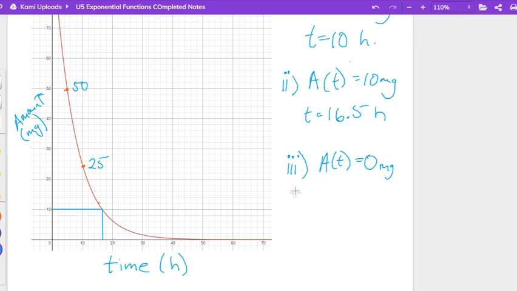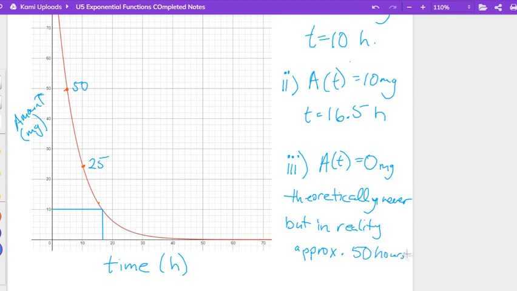So theoretically, never. But in reality, let's just say approximately 50 hours, which is kind of crazy. That's a lot of time to get rid of all the caffeine. If you have a question like this on the test, you have to write theoretically. Yes, definitely.